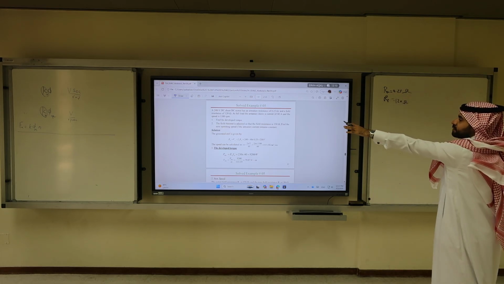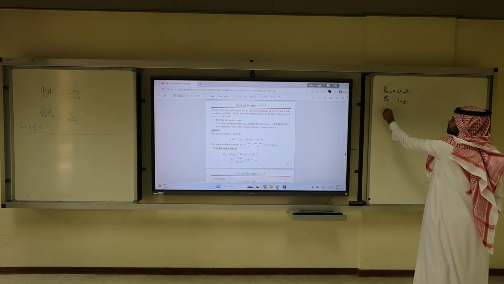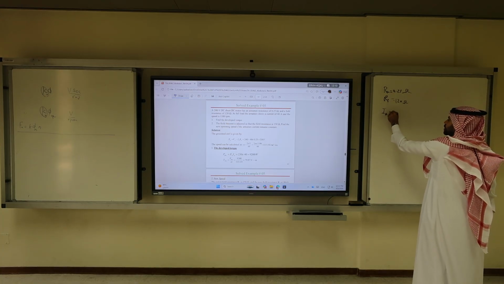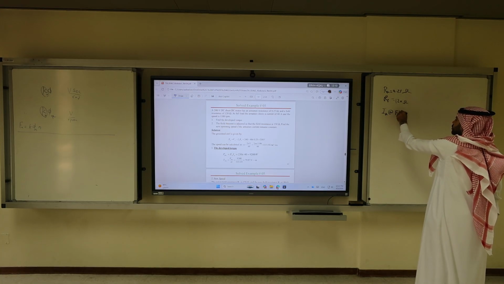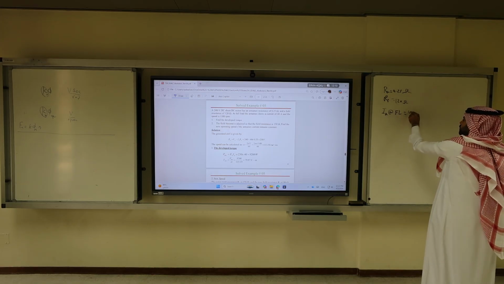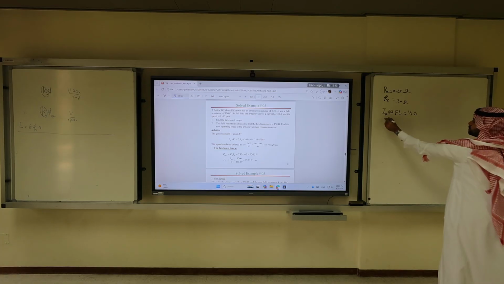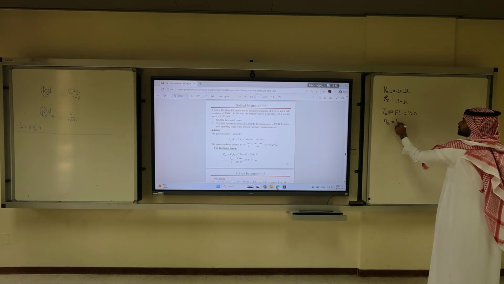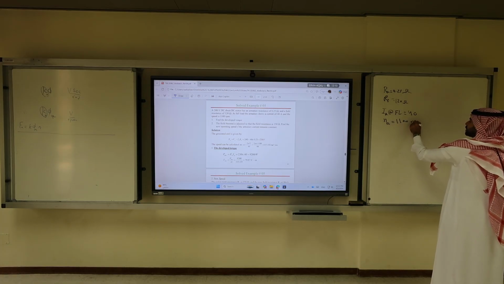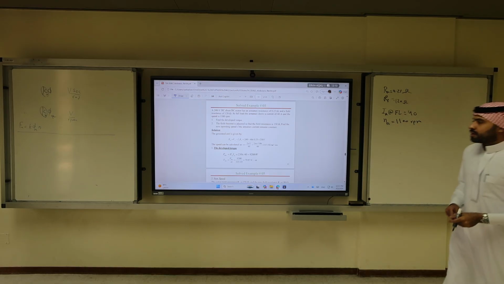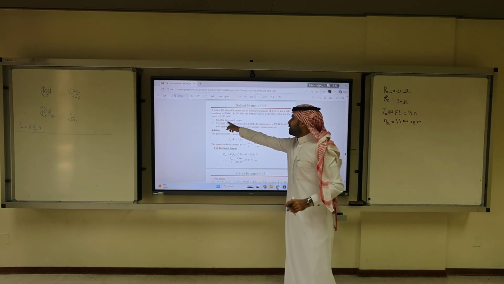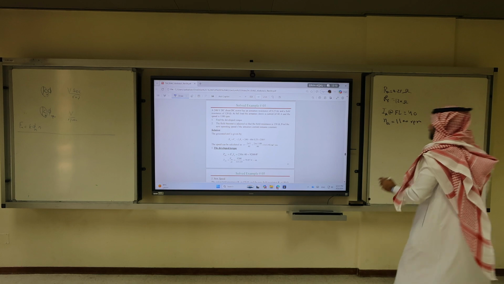And then we have IA at full load, which is 40, and the full load speed is 1000 RPM, okay? Find the developed torque. It's easy.